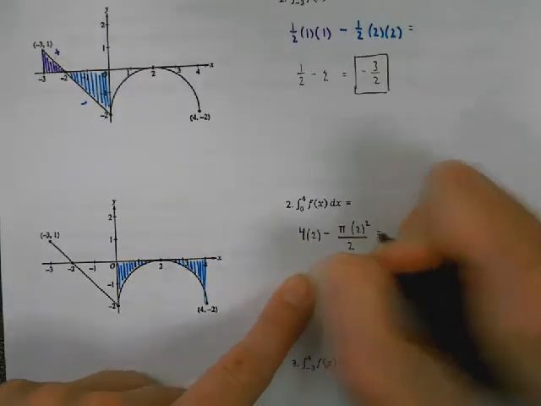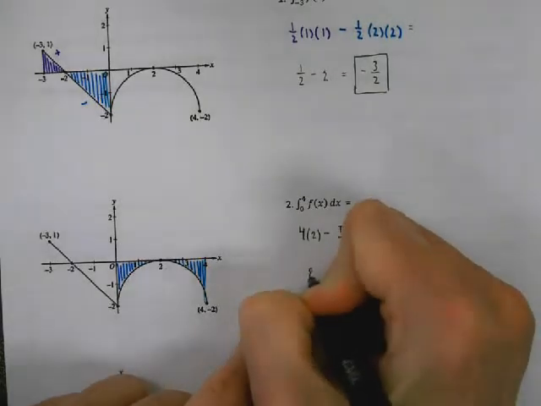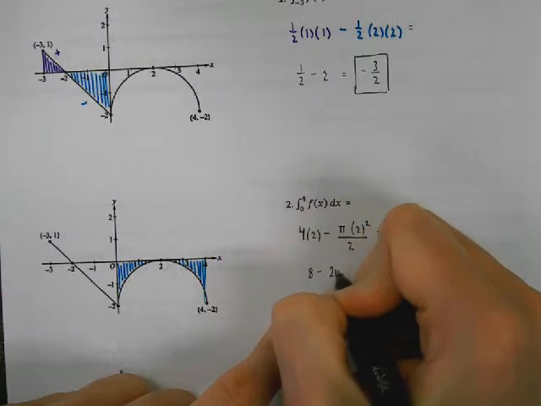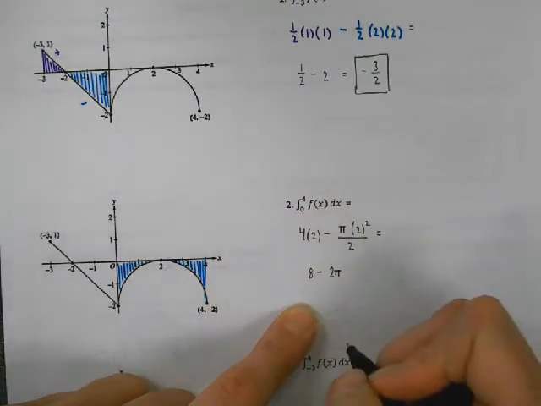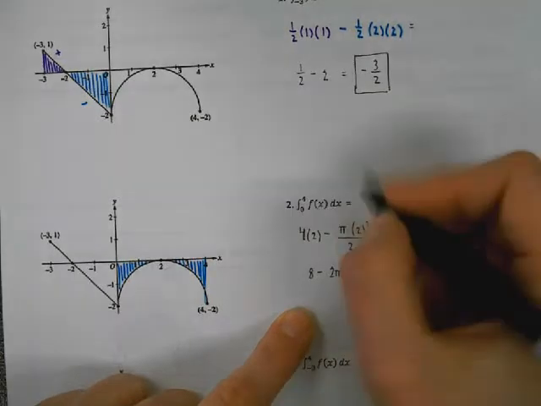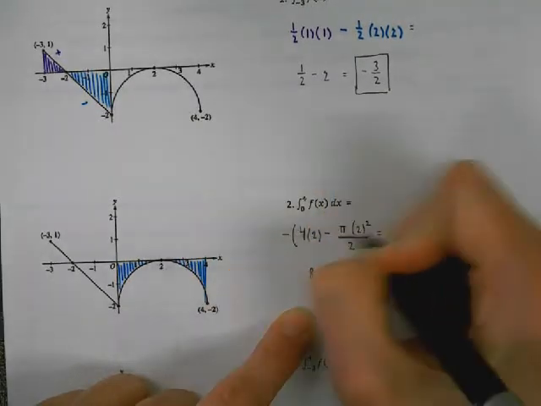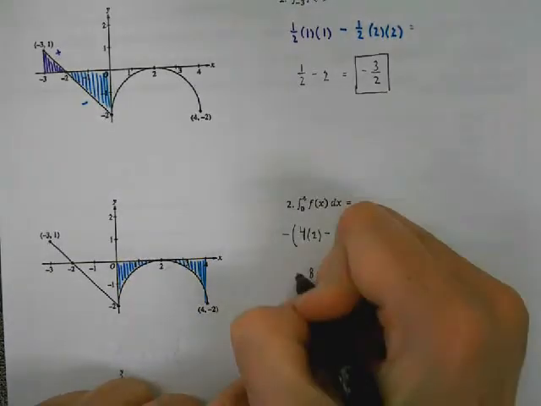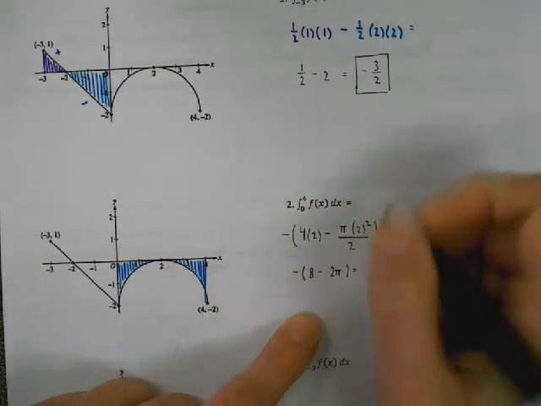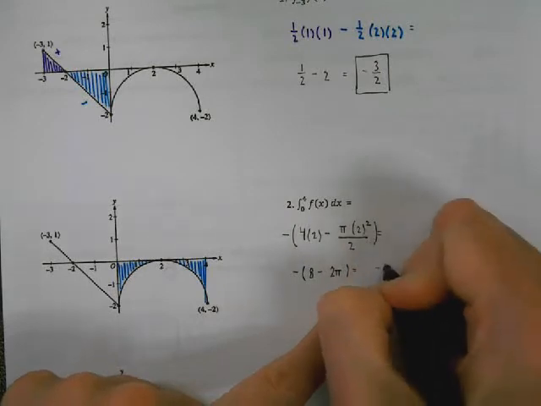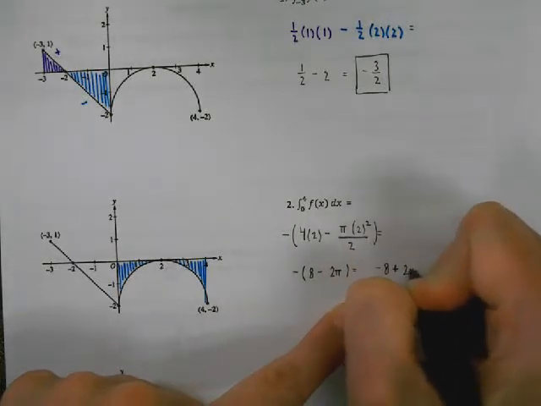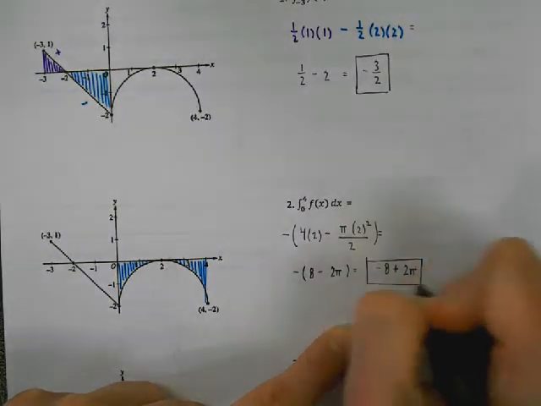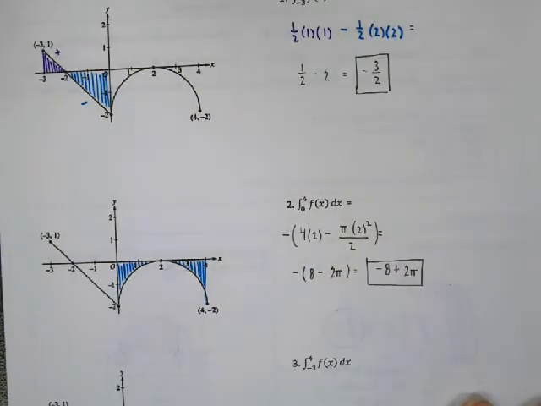I have 8 minus 2 pi. And actually, I have to be careful here. This is below the x-axis, so this whole quantity should be negative. So the area is negative 8 plus 2 pi. So that's the exact area between 0 and 4.